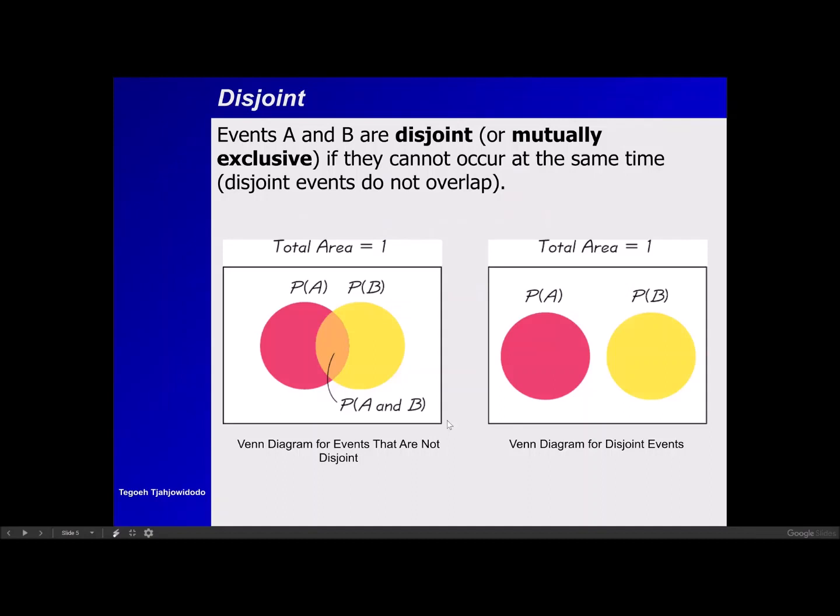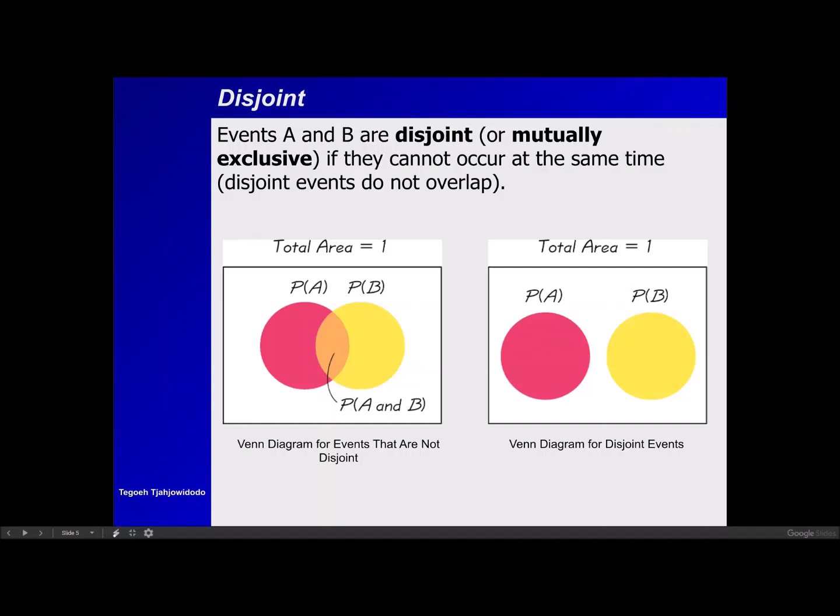Events A and B are disjoint if they cannot occur at the same time. So in the previous example about insurance of a company, the one that we just visited, we have an overlap case, right? Event A and event B have a mutual inclusion in that case. But there are some cases where event A and event B are totally independent.